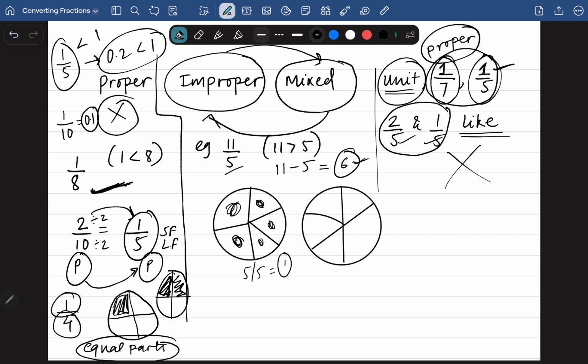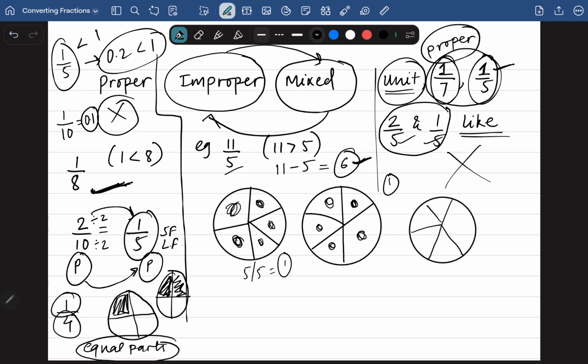The number of parts I was left to consider was 6. From these 5 parts I need to consider all 5, and I am still left with one part. So I need to draw one more pizza, and here also I cut it into 5 equal parts, 1 2 3 4 5.